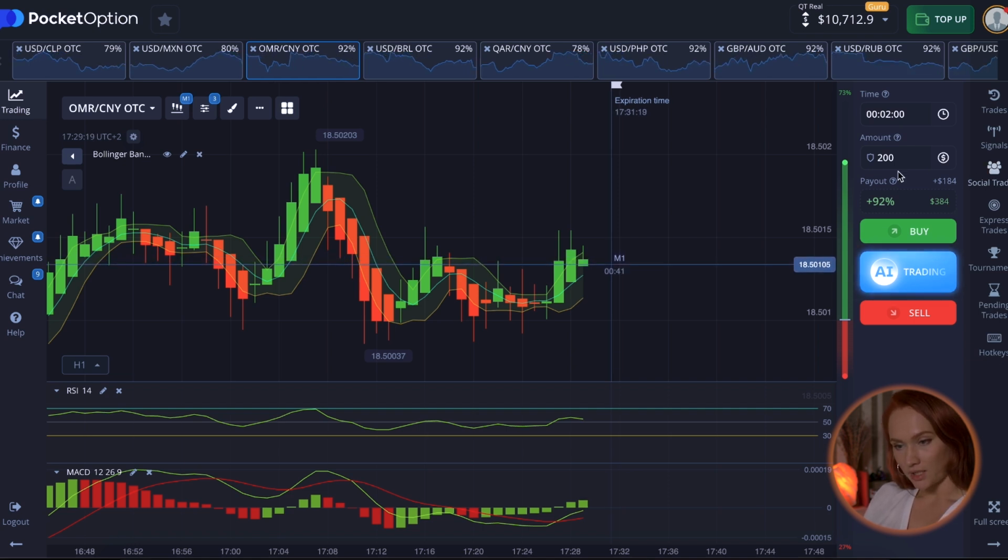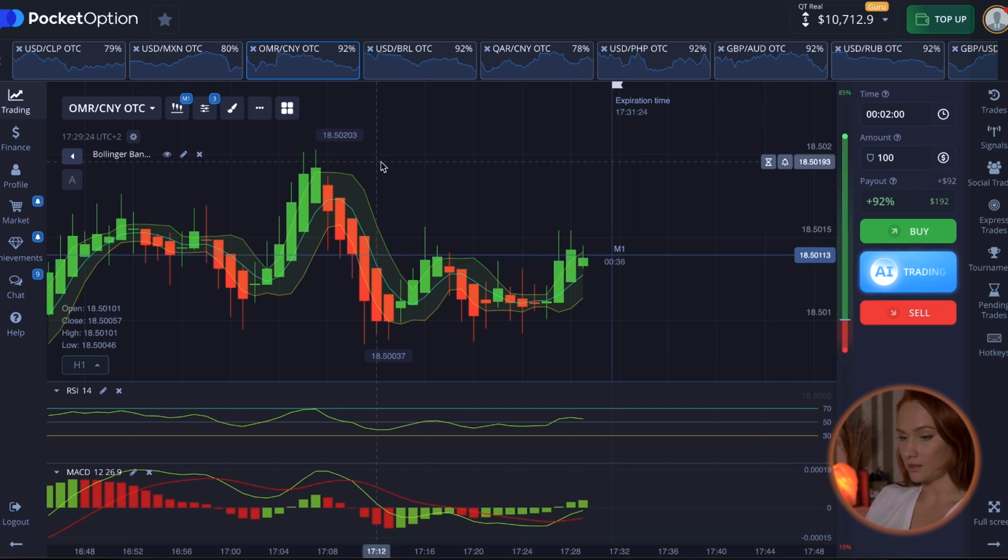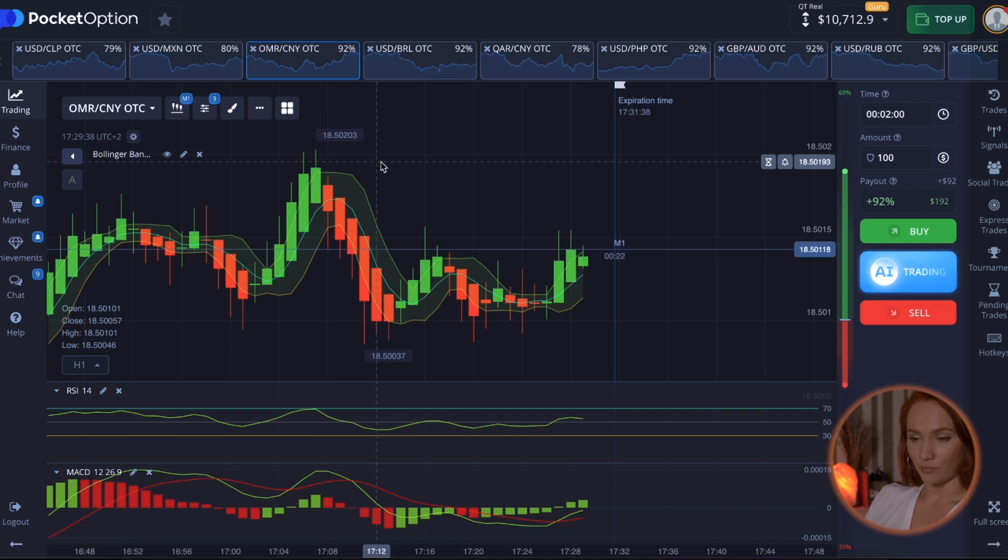So let's start with $100 and select a currency pair. We will see how the indicators work together, all three of them. As I've said, by using all three indicators, you can get more accurate signals.